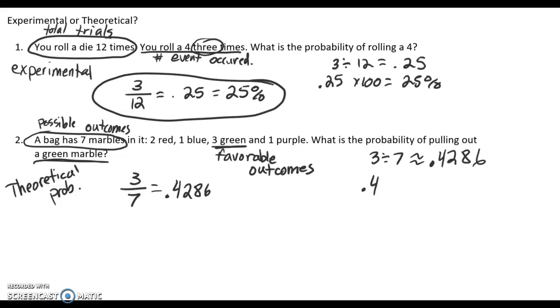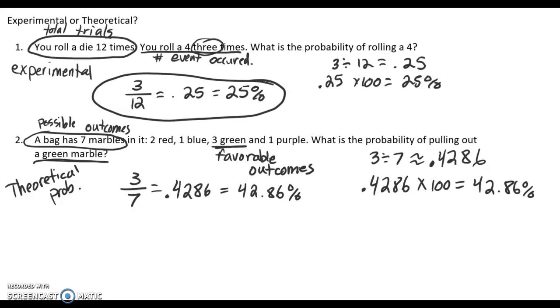So 0.4286 times 100 is equal to 42.86. So we have about a 43% chance of getting a green marble from that bag.